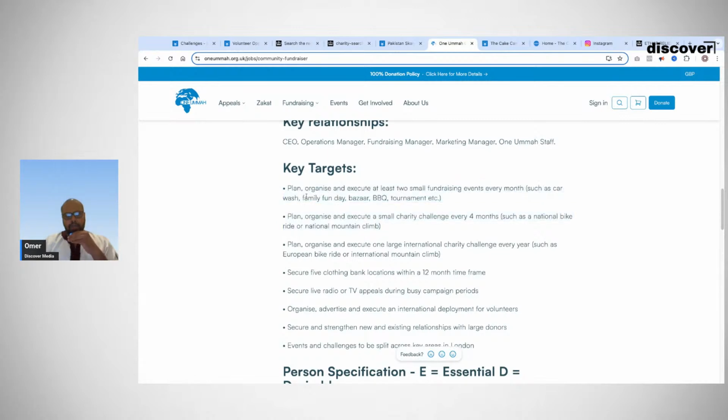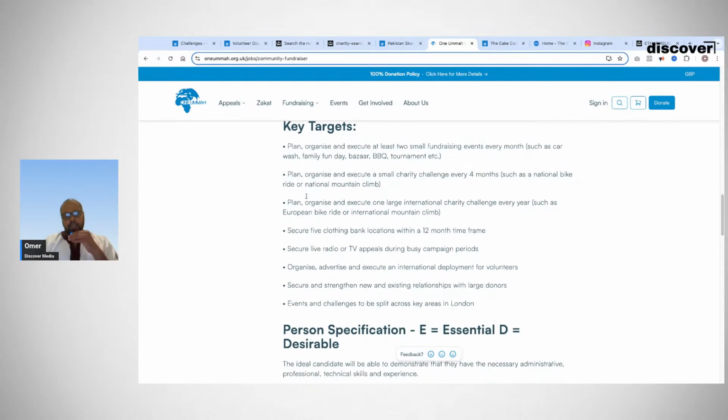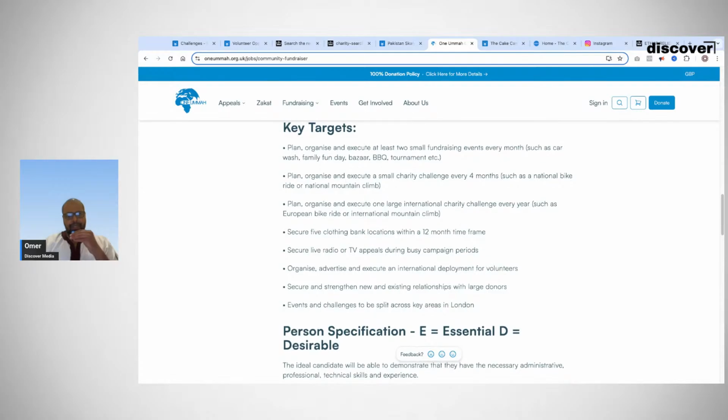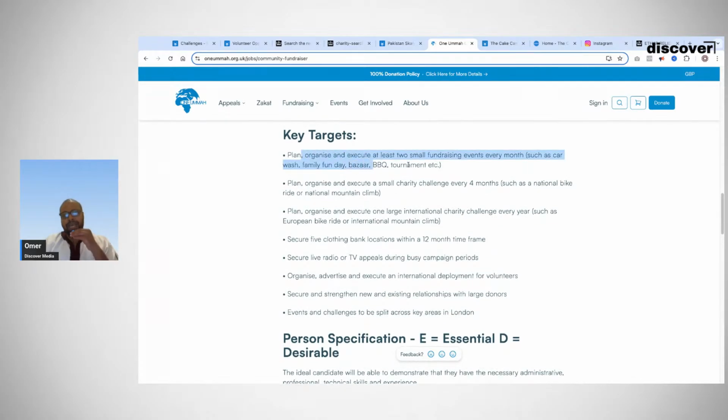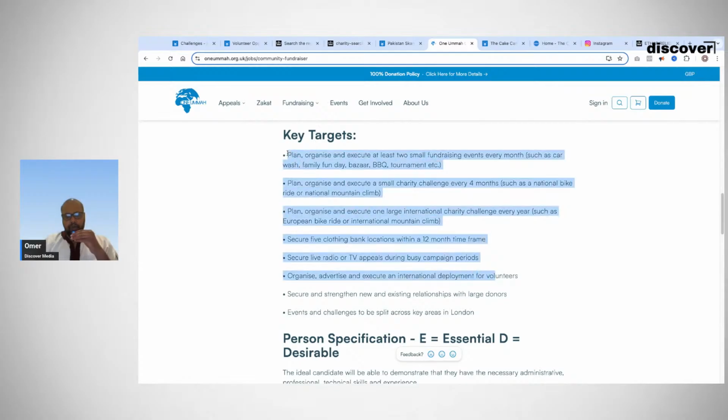But this is what I want you to do. I want you to look at this because your target as a fundraiser will be this. If you have a fundraising manager or a department, they need to plan, organize, and execute at least, and then you fill up the gap, 2 fundraising events every month, such as blah, blah, blah. Okay, so I can take this job and I've got KPIs, which is excellent because I love when your employer or your client gives you clear goals, because as soon as you achieve them, you can prove and improve.